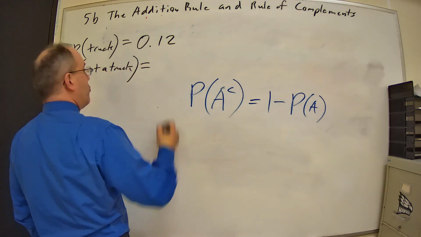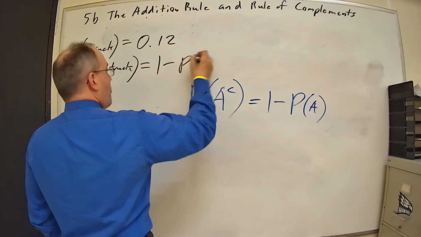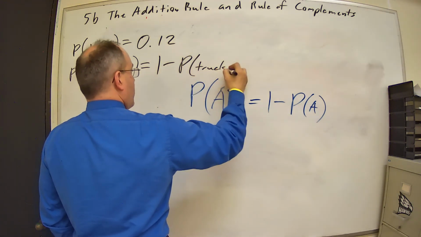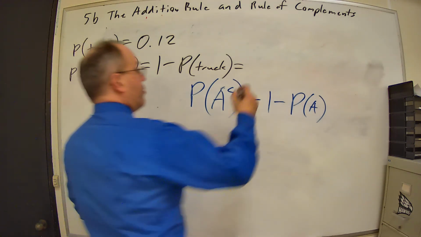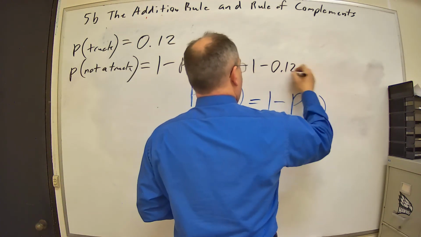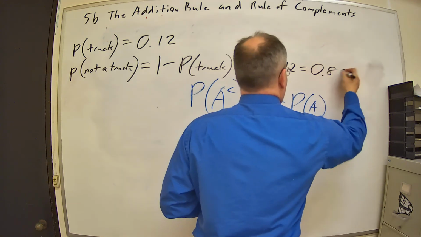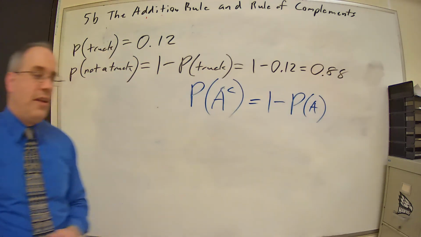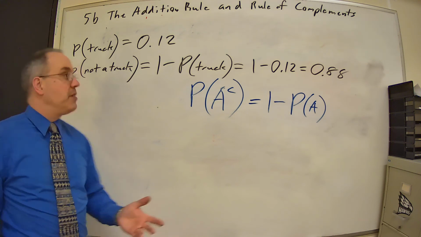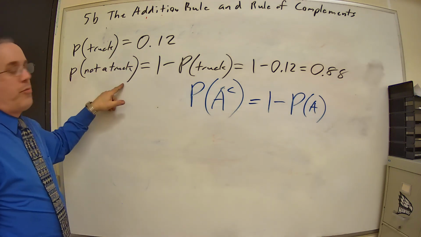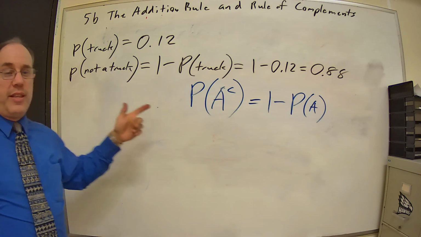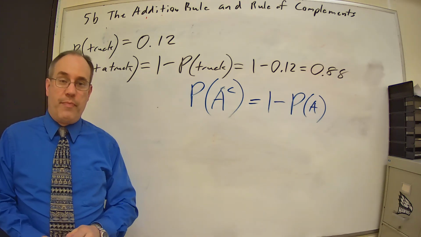Well, that's equal to 1 minus the probability that I select a truck, which is equal to 1 minus 0.12, which is equal to 0.88. And that is the rule of complements. If we know the probability that an event occurs, then subtract that from 1 and you have the probability that the event does not occur.